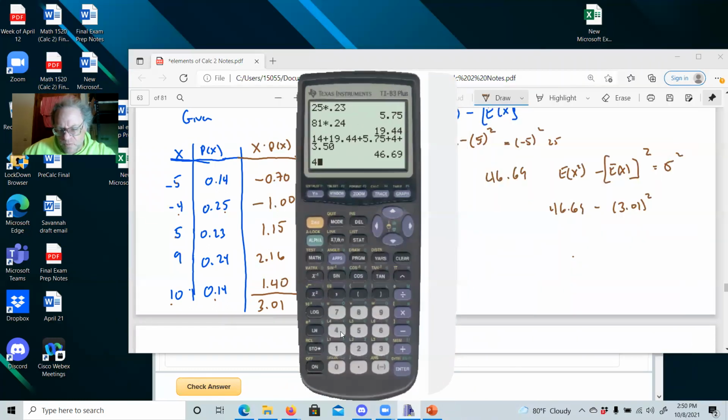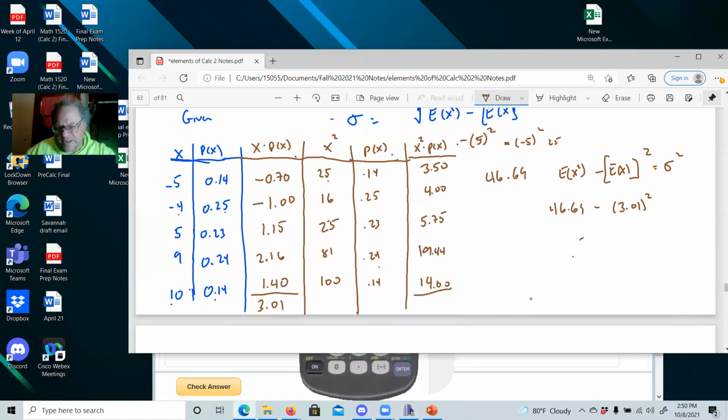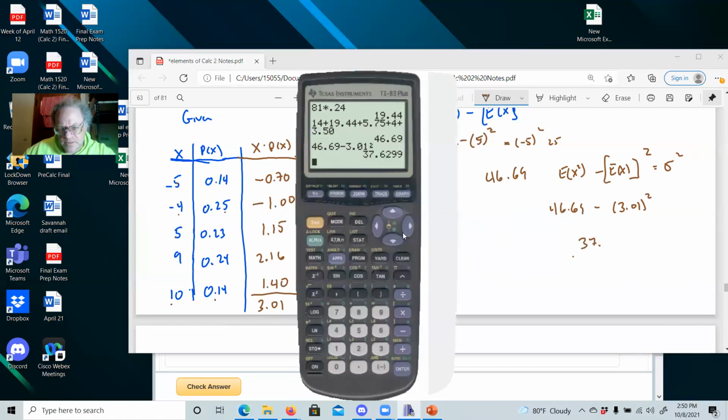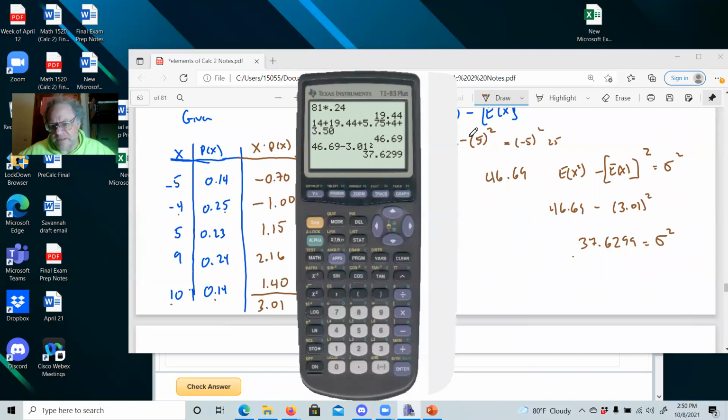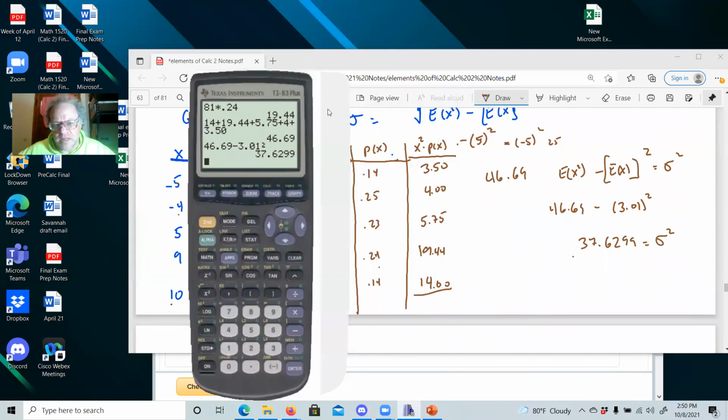So the variance is 37.6299. I'm just trying to keep all of my intermediate calculations so that when I'm done and I want to round, I can do this appropriately.